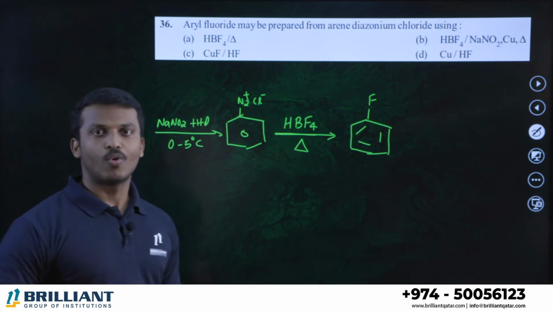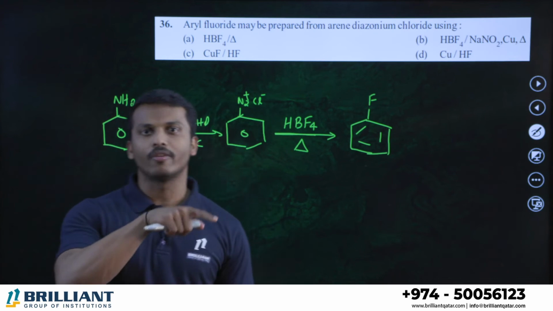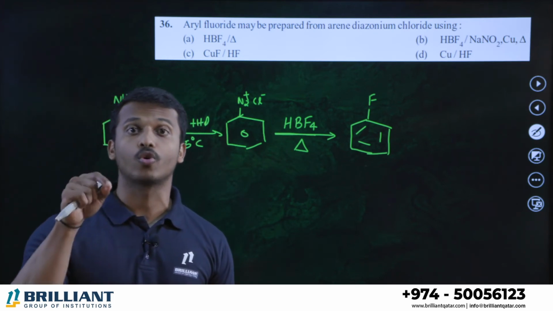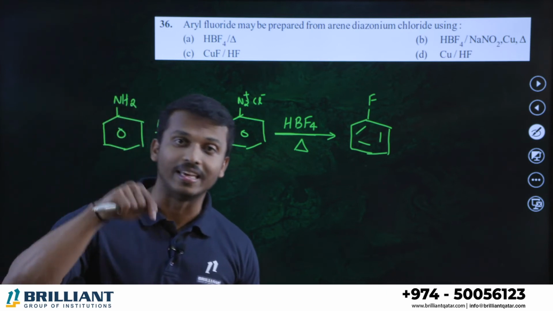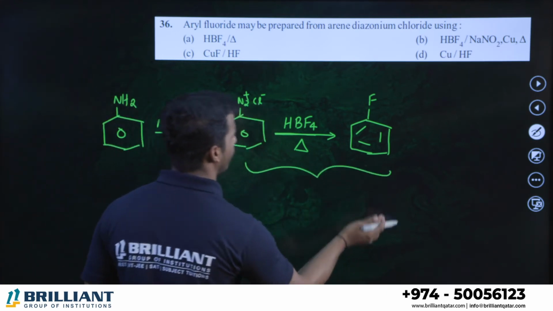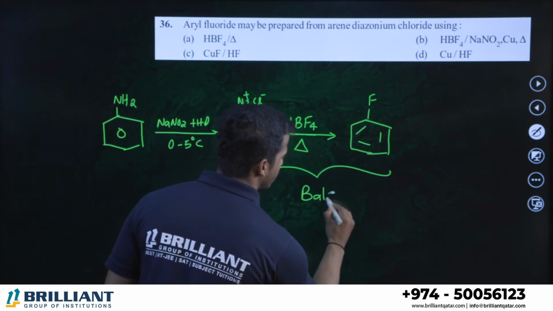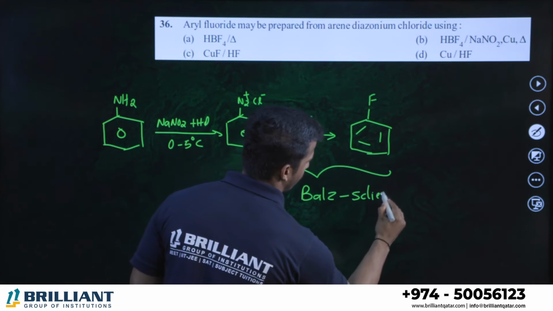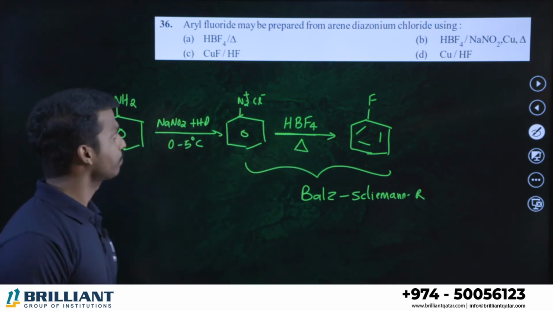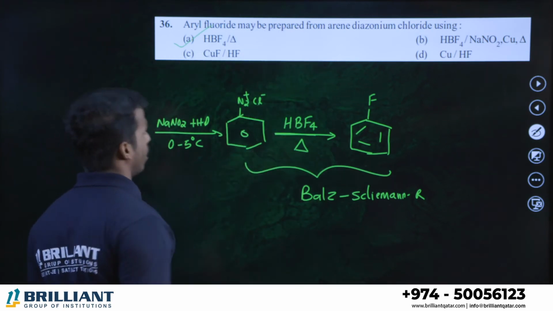If you want to convert benzene diazonium chloride into fluorobenzene, we have to treat it with HBF4, fluoroboric acid, and after that, heat. The conversion of diazonium salt into fluorobenzene is called the Balz-Schiemann reaction. So HBF4 with heating, that's enough.